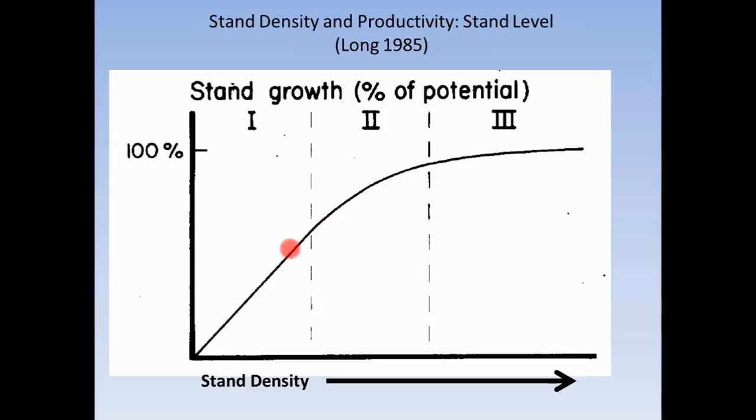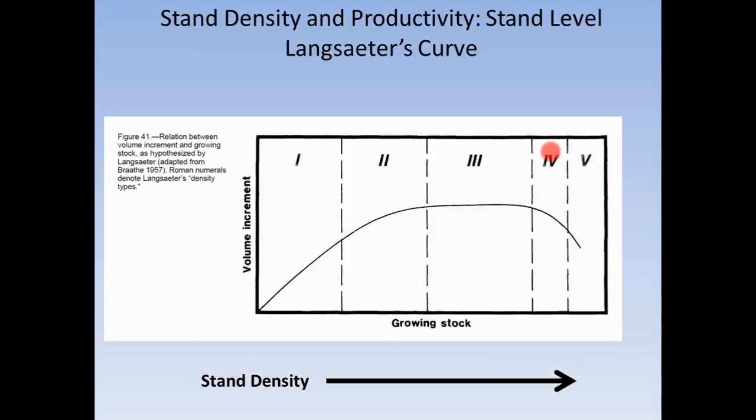So this first phase of productivity, as we get to greater density, we're increasing productivity, and then we turn the corner, and this is another interesting phase of growth, phase 3, and it's this idea that there's a plateau of productivity. Stand density, again, is still increasing from left to right, but we're thinking there's some level of density where productivity is basically at a plateau. We'll talk a little bit later about what that means.